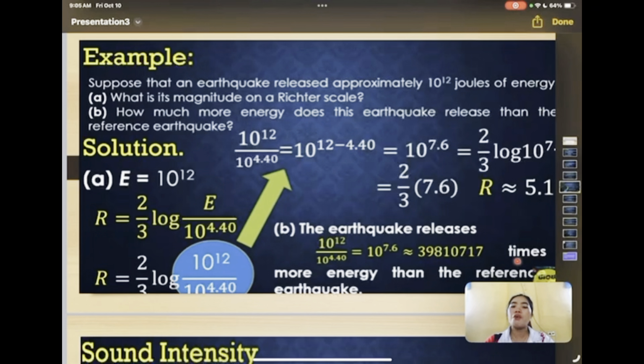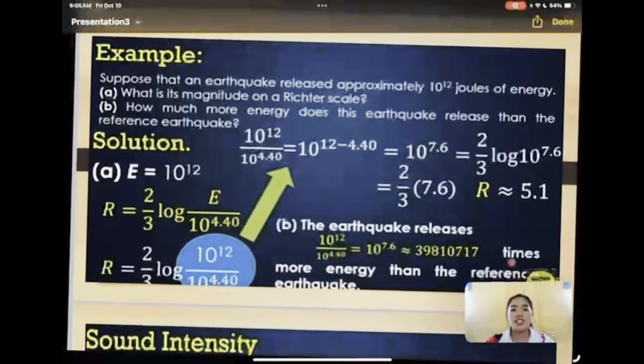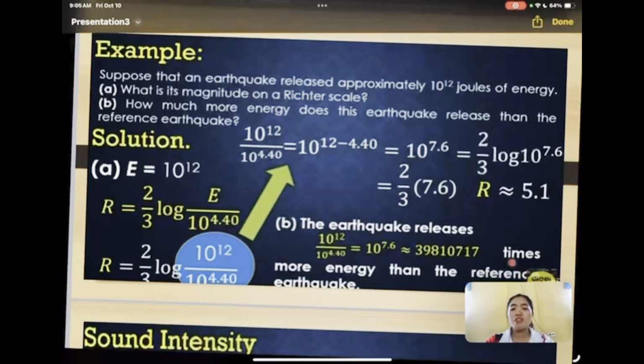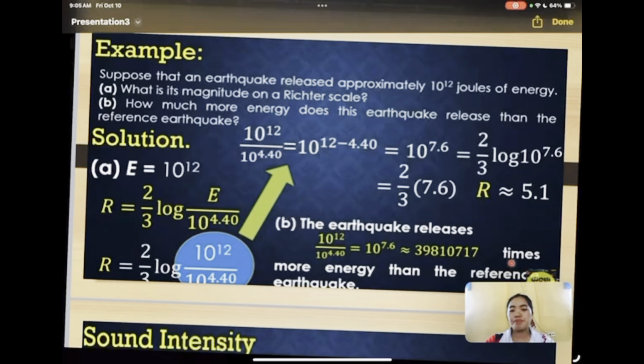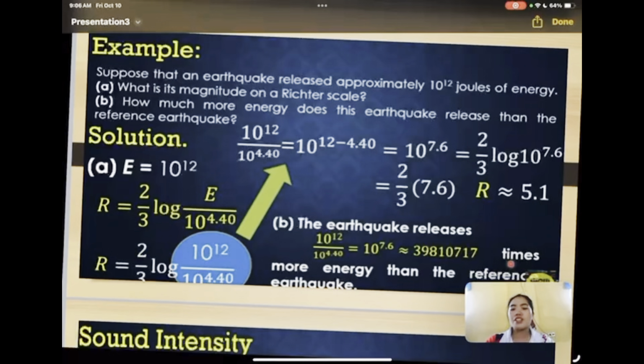Therefore, R is equal to 2/3 log of 10 raised to the power of 7.6. Then we can use a scientific calculator to get the value of log 10 raised to the power of 7.6, that is 7.6. Times 2/3, that will give us the value of R, which is approximately equal to 5.1.